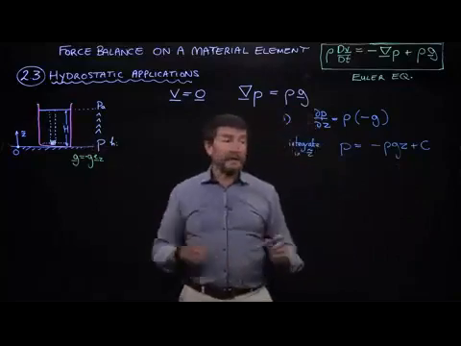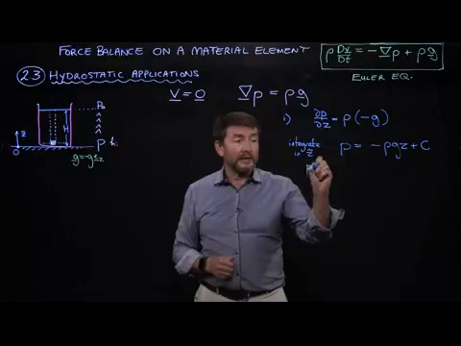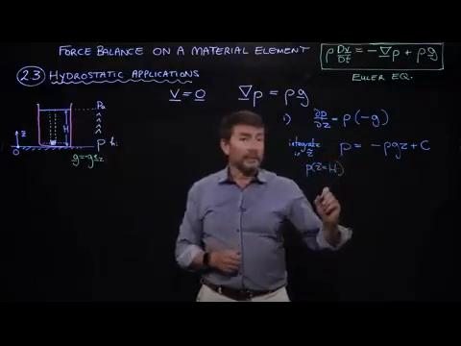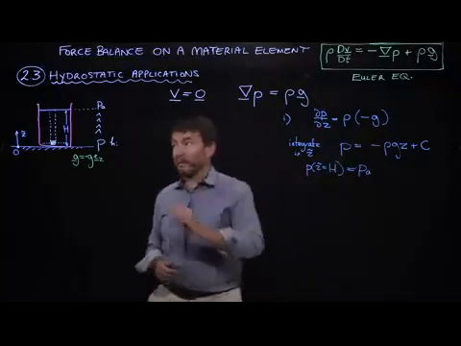And in this coordinate system, we would apply that the pressure at z equal to the height of the material will be equal to a value that we'll call atmospheric pressure.